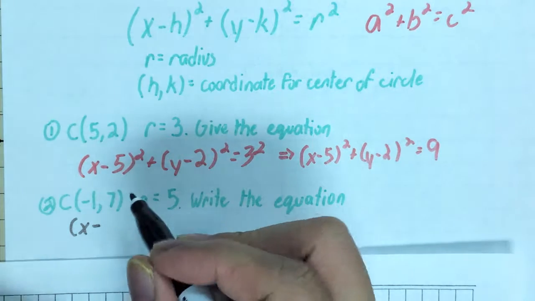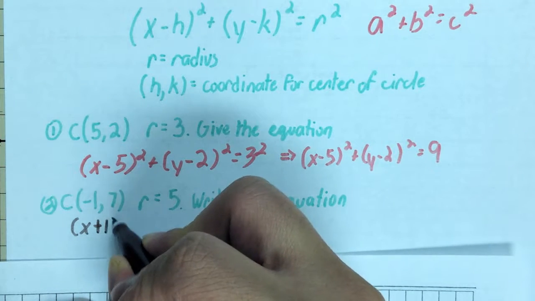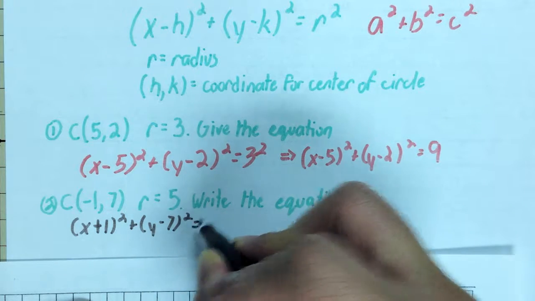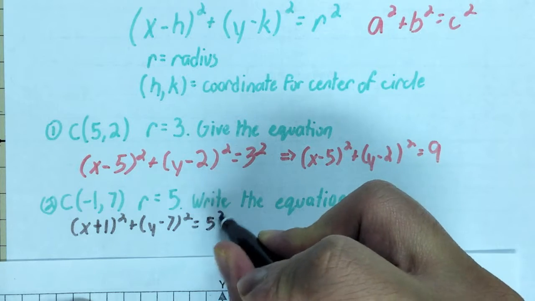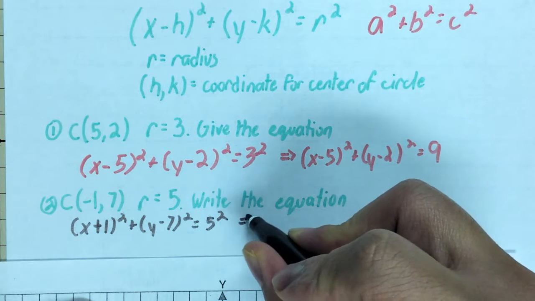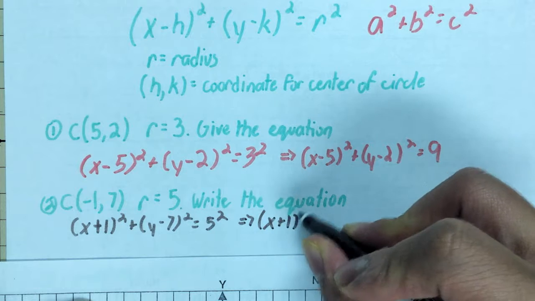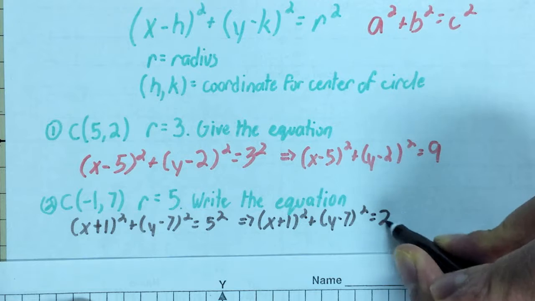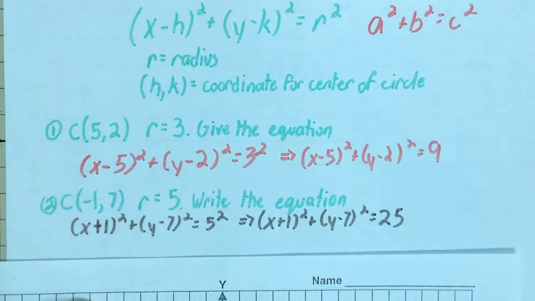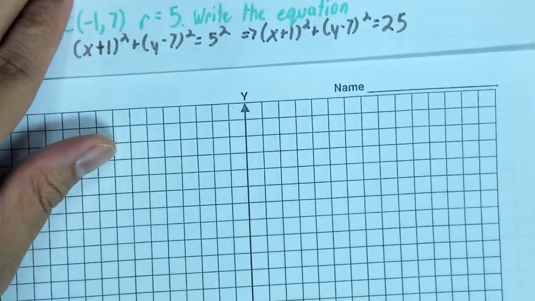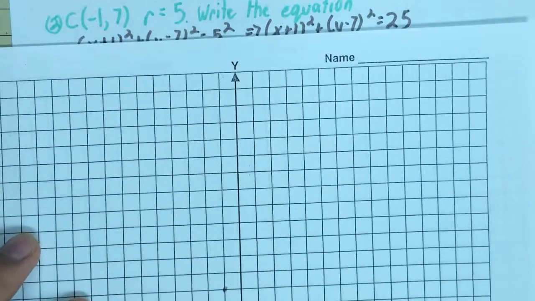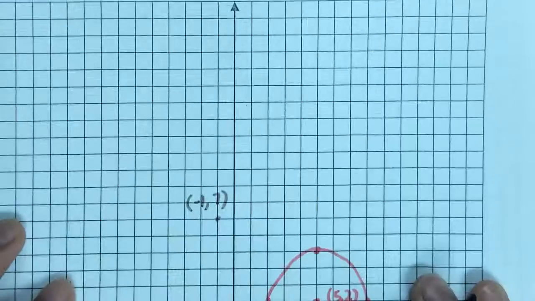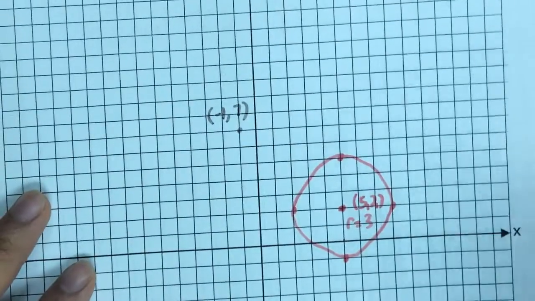We have minus negative, which turns that into a plus 1, squared, plus (y minus 7) squared equals my radius of 5 squared, which is the same as (x plus 1) squared plus (y minus 7) squared equals 25. So graphing this equation, we have our center at (negative 1, 7), and we have a radius of 5.